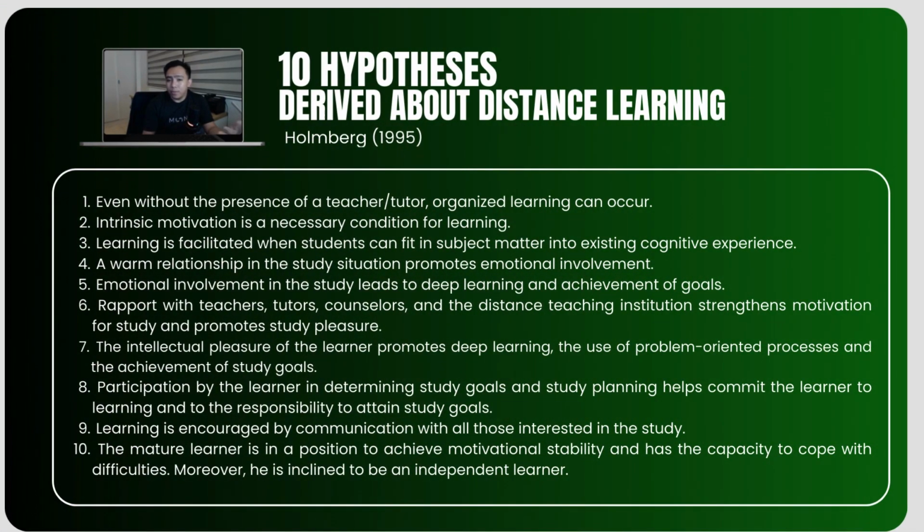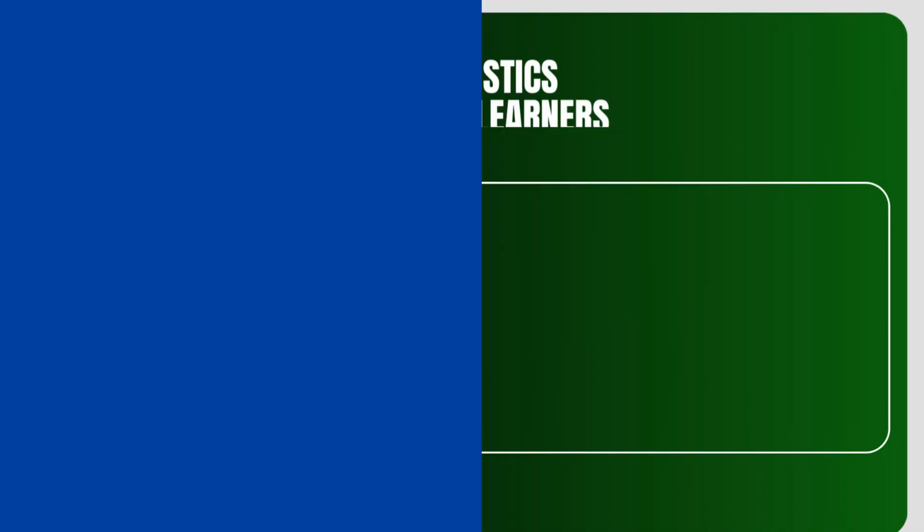And that is why Holmberg was able to establish 10 hypotheses of distance learning. I'm showing it here on the screen. If you want to know more about this, go to the videos of my fellow reporters. They'll delve more into the nuances and the details of this one.